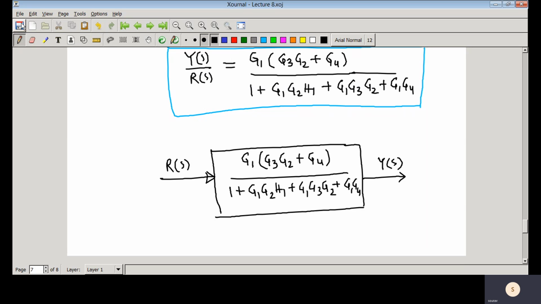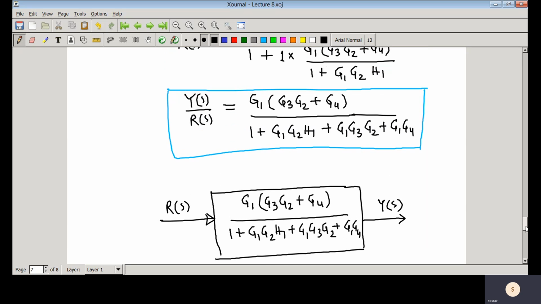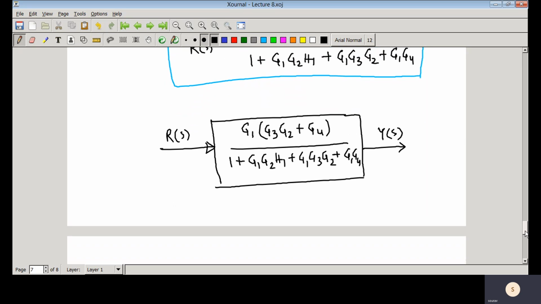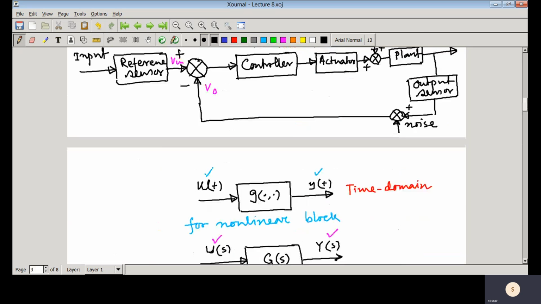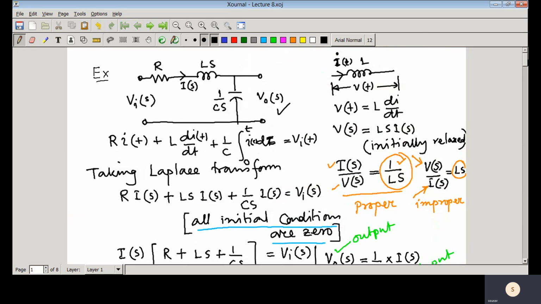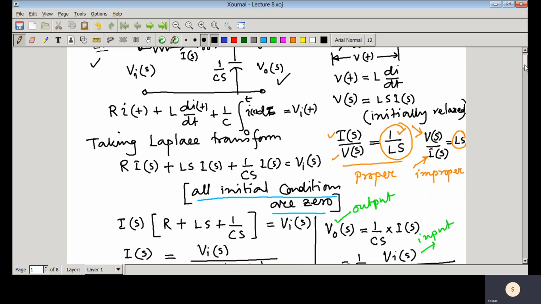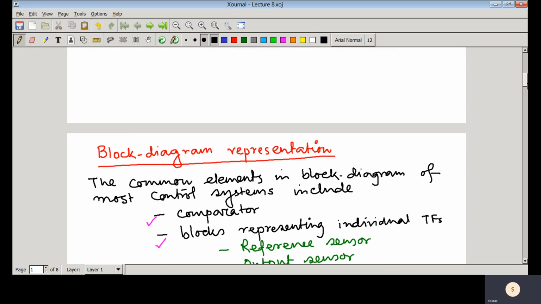Now you can see the transfer function that we have obtained just by applying the transfer function reduction technique. So today we have solved one simple example and derived the transfer function for the series RLC circuit.